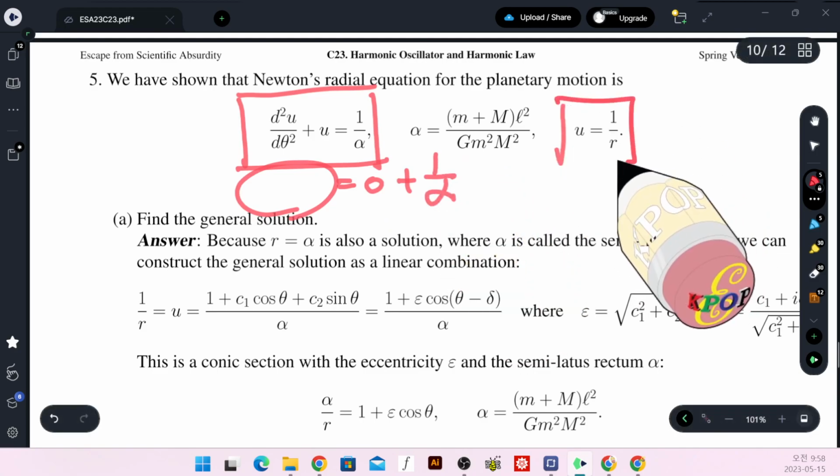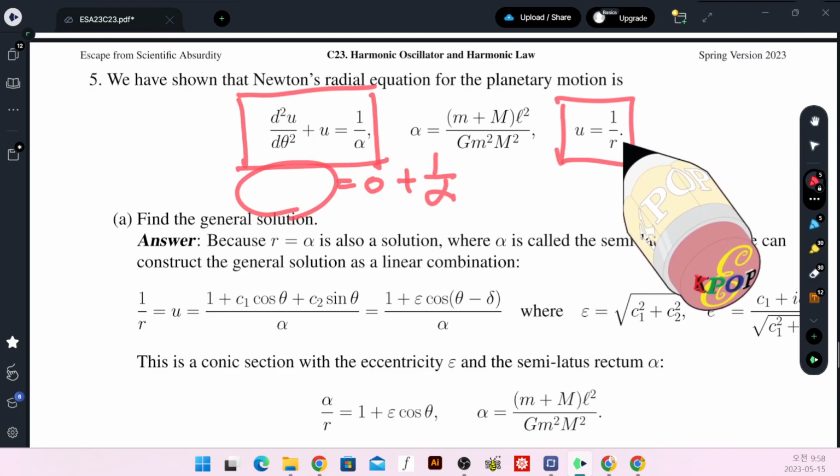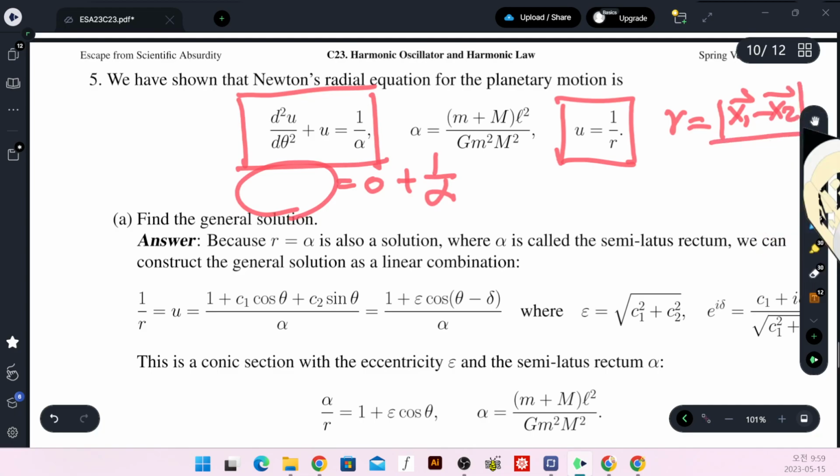We remember this variable u is nothing but 1 over r, where r is the relative coordinate vector, that is, the magnitude of the relative displacement from the sun to the earth, or vice versa.